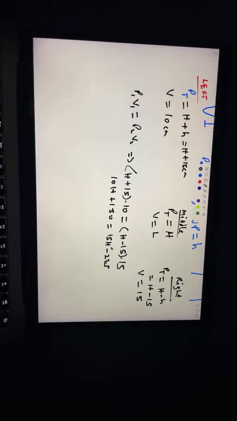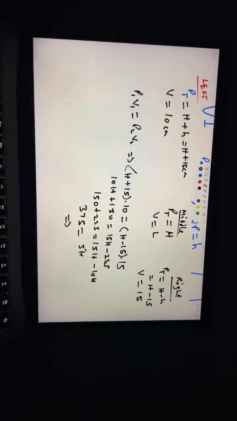Yes, let me confirm that. 15 squared equals 225. When you do the whole collecting of like terms, you have 150 plus 225 equals 15H minus 10H. So I think this will be 375 equals 5H.